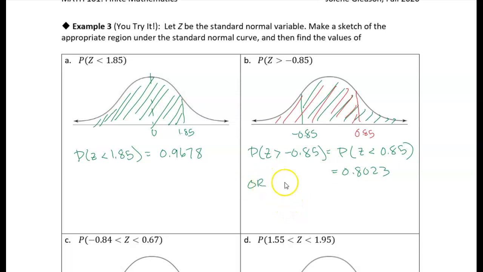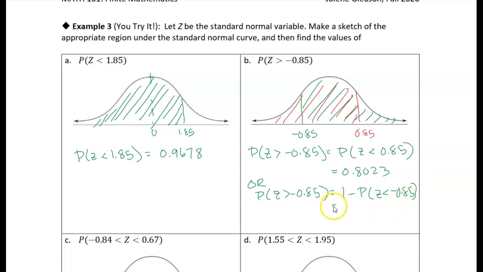Or I can use the fact that the entire area under the curve is 1 and calculate complementary probabilities. The probability that z is greater than negative 0.85 is also 1 minus the probability that z is less than negative 0.85.